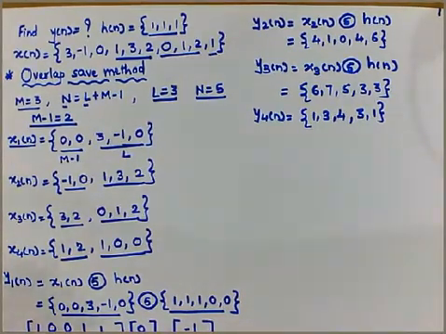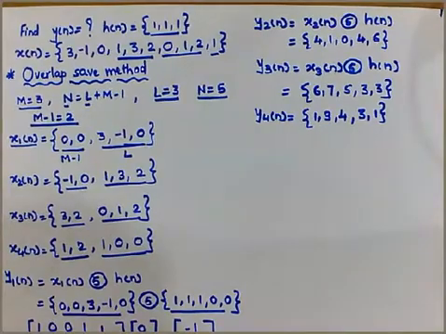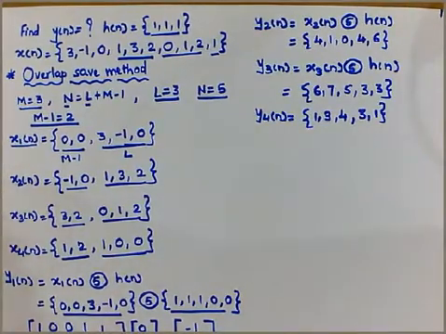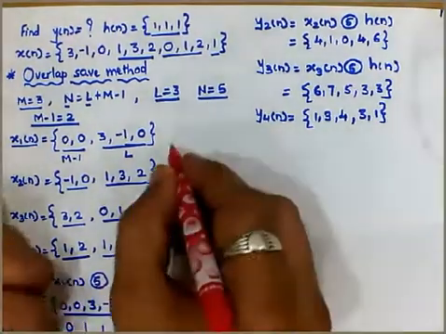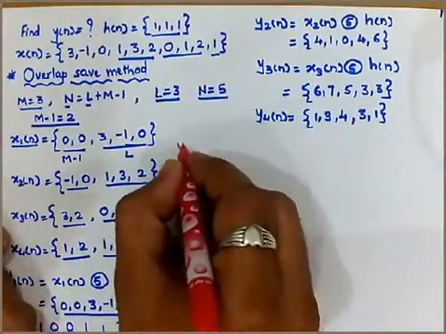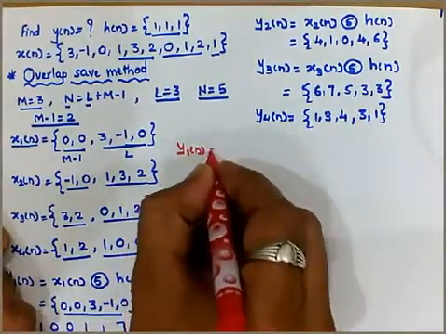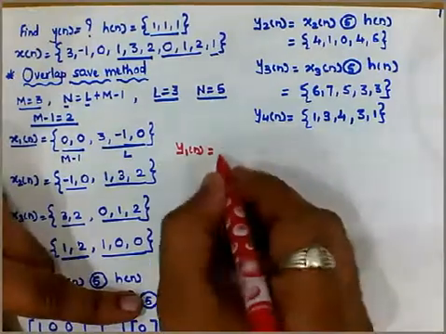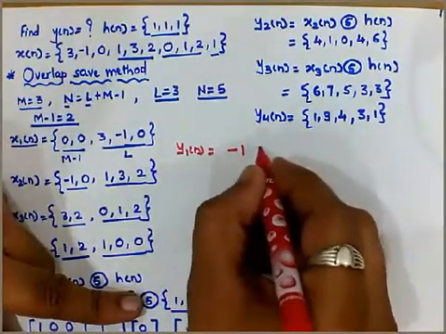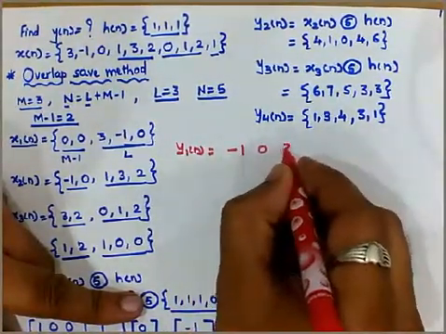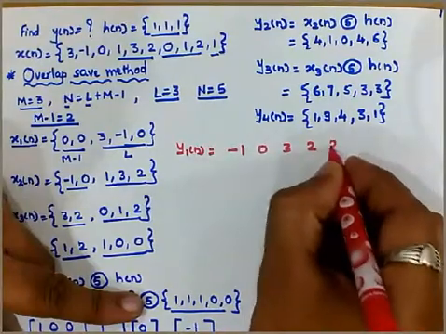Now the question comes, what to do with all these values. So we need to rearrange all these values. Let me write it. This is y1 of n, that is minus 1 0 3 2 2.